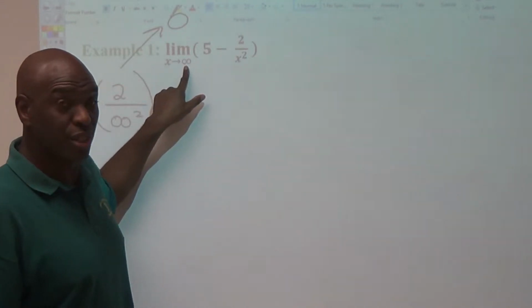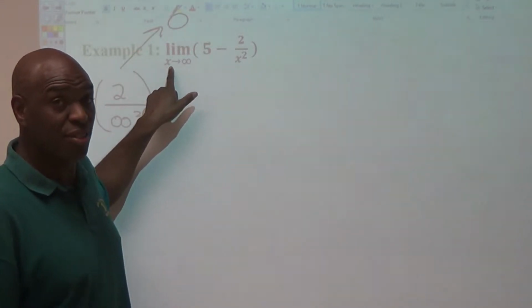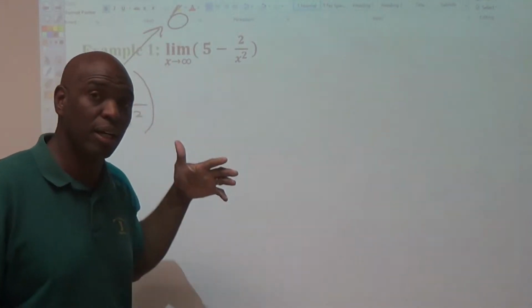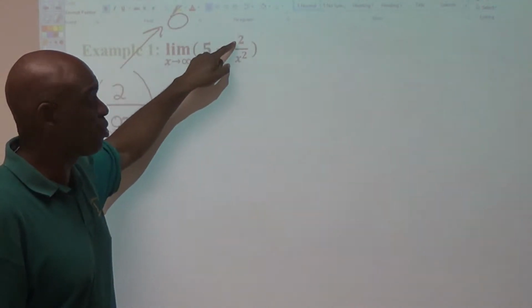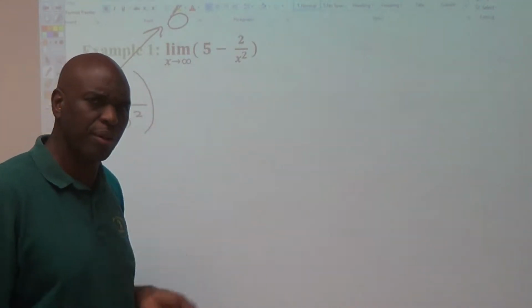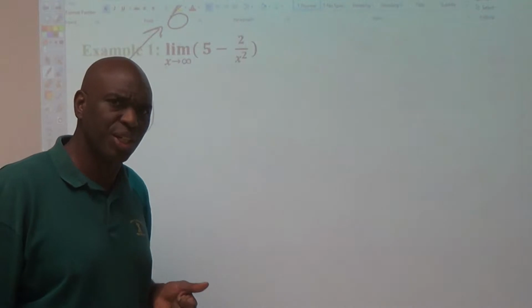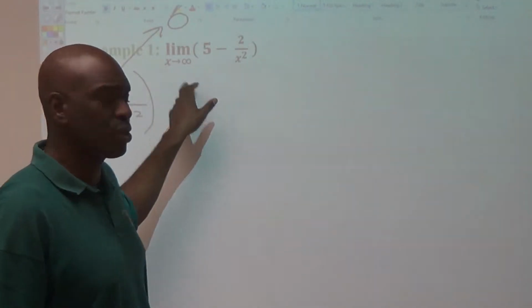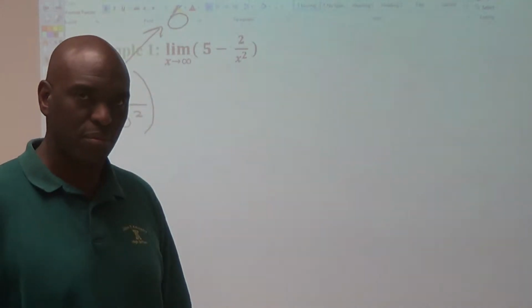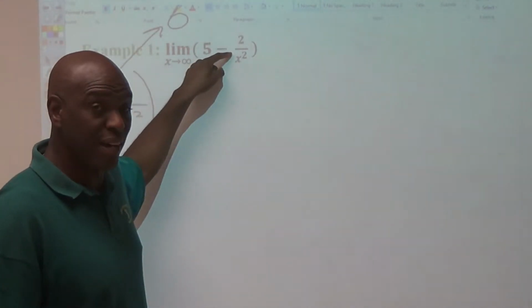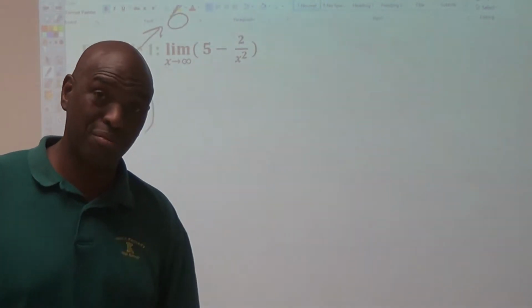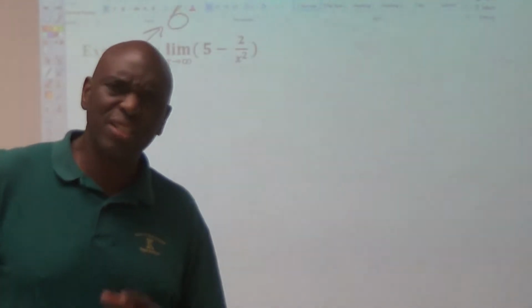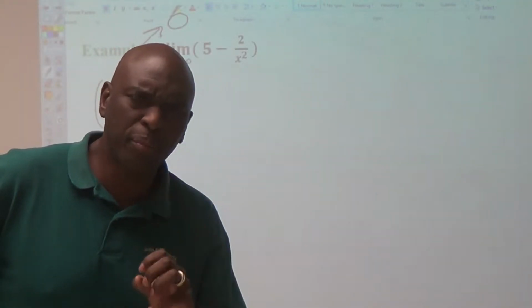In other words, no matter how large the number is, x can approach very large numbers, like 100. If you have 2 over 100 squared, that number is getting close to 0. Okay, let's say x is approaching 1 billion. If you have 2 divided by 1 billion squared, ladies and gentlemen, that is a very small number.